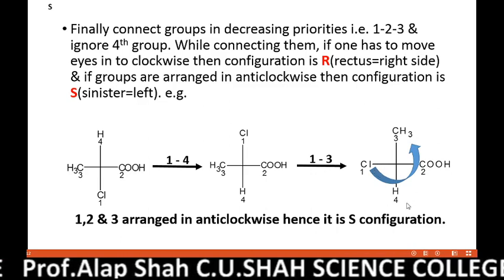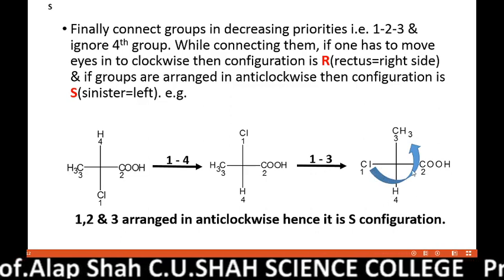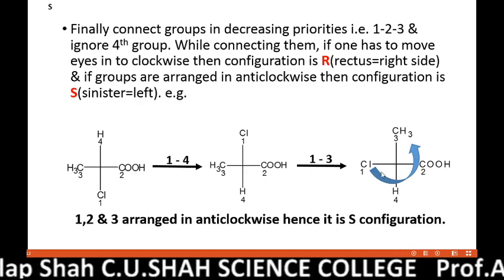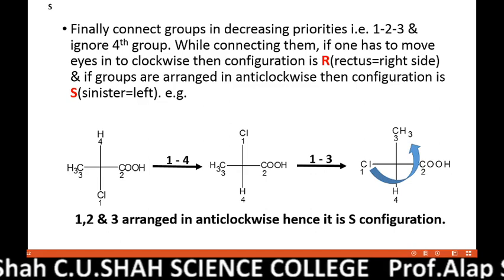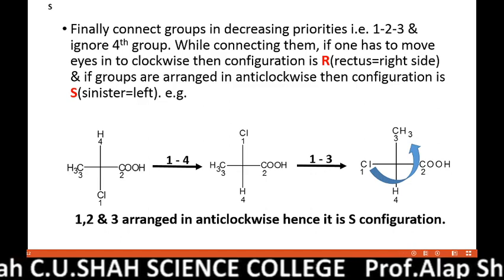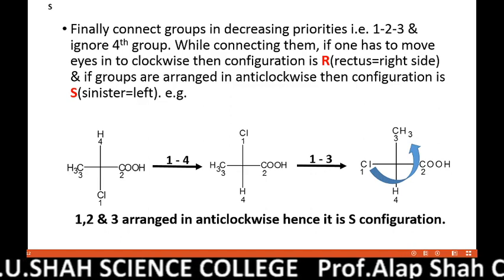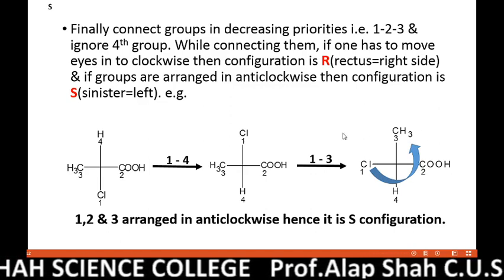Now you can see, forget the fourth group and connect only 1, 2, 3. You can see the direction of the arrow. We have to move our eyes in this case to the left side, or anti-clockwise. That's why it is called S configuration, sinister. If it is reverse, then it is called R configuration.